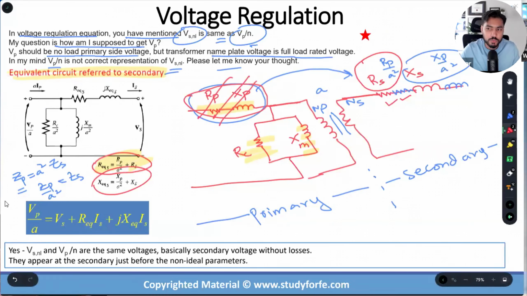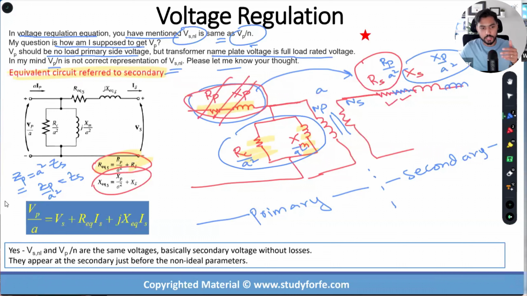Now, if I were to move this block to the right-hand side, can I do that by simply doing RC by A square, XM by A square, keeping them in parallel? They're in parallel. They're going to end up on the secondary in parallel. All I have to rescale, readjust, recalibrate are their magnitudes by dividing them by A square, just like we did.